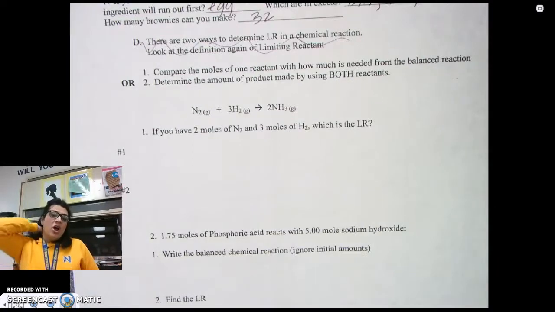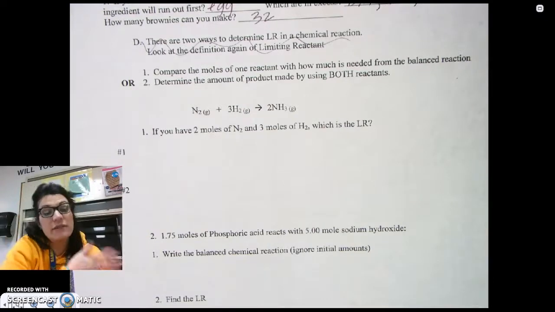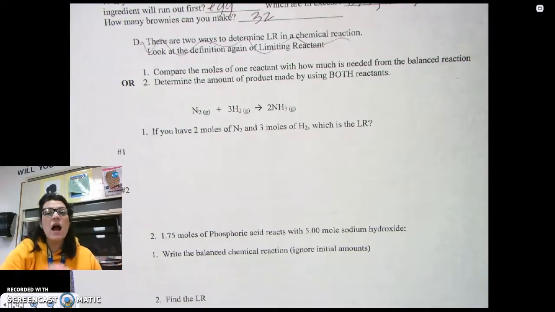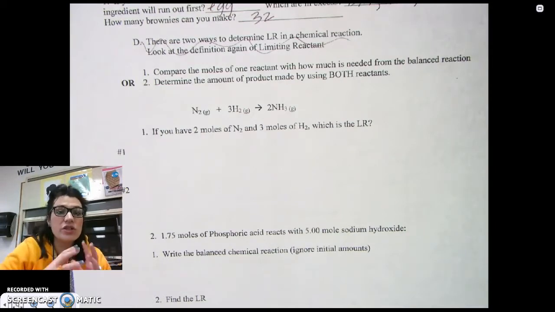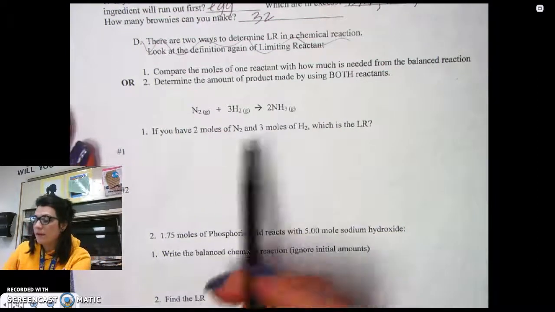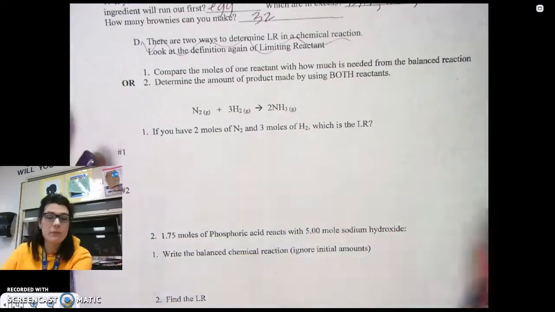Okay, when we find limiting, we have to convert to the products, right? Because I have to figure out how much product I'm going to make. So what I'm going to do is compare the moles, or determine the amount of product made by using both reactants, okay? So, with that being said, if I'm given moles, I just have to figure out how many moles of the product are formed.